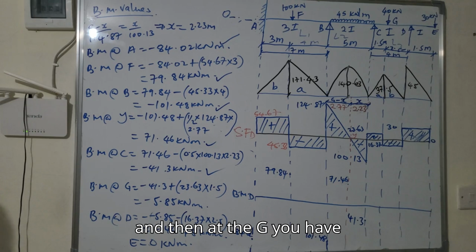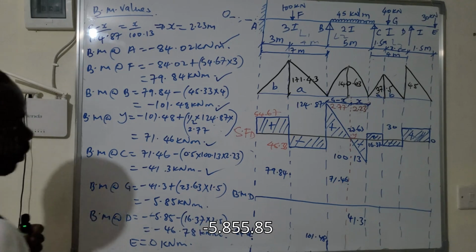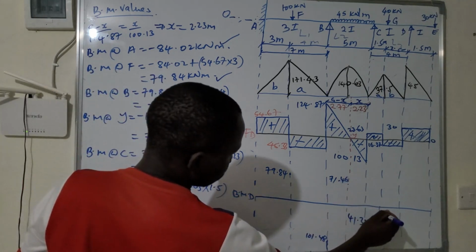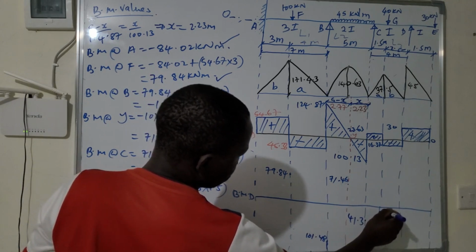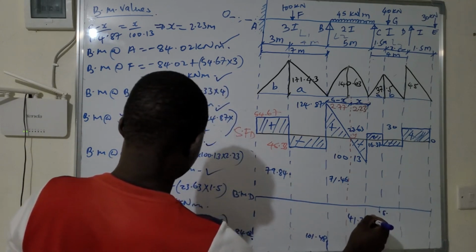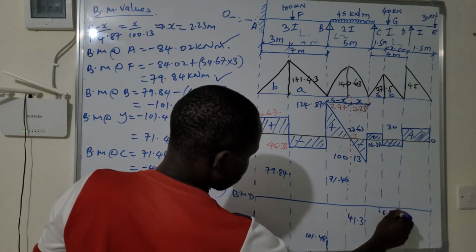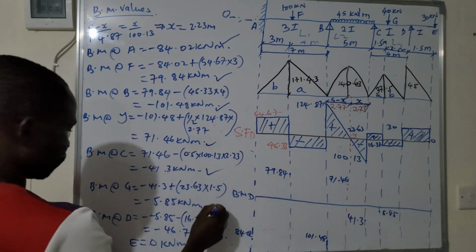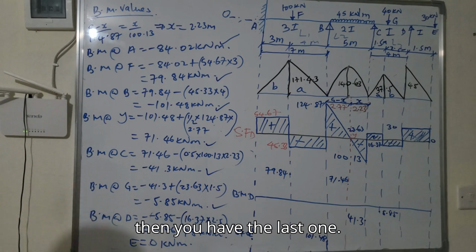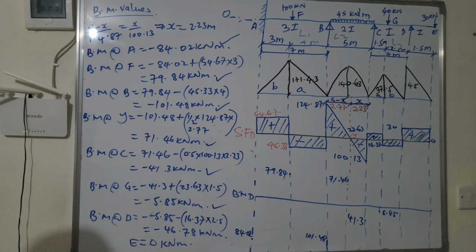And then at the G, you have negative 5.85. Then you have the last one, negative 46.8.